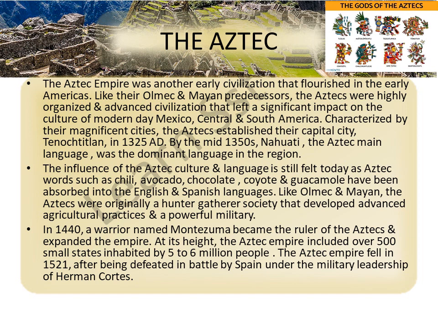At its height, the Aztec Empire included over 500 small states inhabited by 5 to 6 million people. The Aztec Empire fell in 1521 after being defeated in battle by Spain under the military leadership of Hernan Cortes.